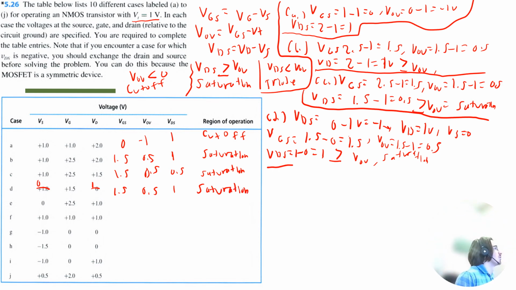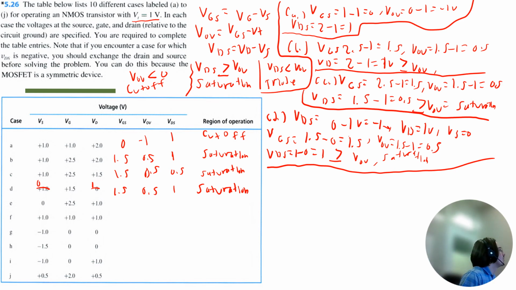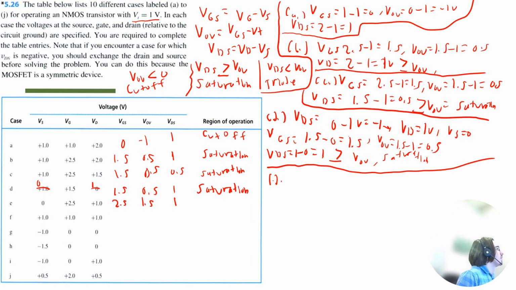Okay, at this point I'm just going to verbally calculate these. For case E, VGS is equal to 2.5 minus 0, 2.5. V overdrive is VGS minus VT, so 2.5 minus 1, 1.5. And then VDS is 1 minus 0. Now for case E, VDS is less than V overdrive, so we're going to be in triode region.